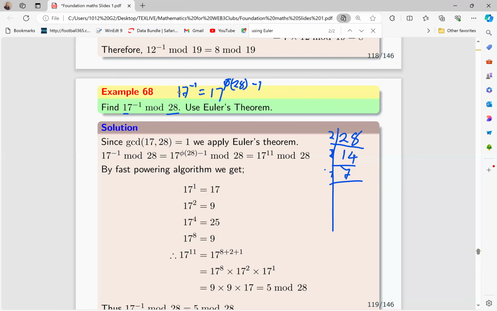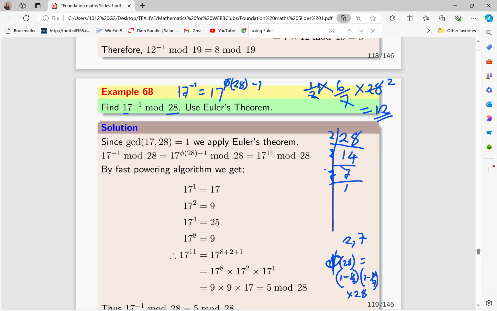So the Euler phi of 28 will be given by 1 minus 1 out of 2, times 1 minus 1 out of 7, then times 28. 1 minus a half is just a half. 1 minus 1 over 7 is 6 out of 7, then times 28. The denominator 14 is because there are 2 times. So what you get is 12. Euler phi of 28 is 12.